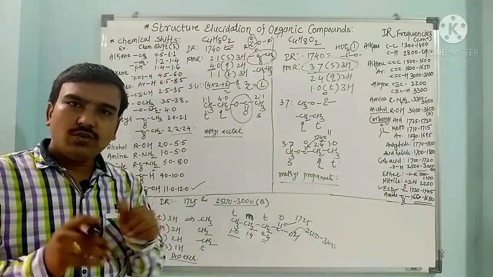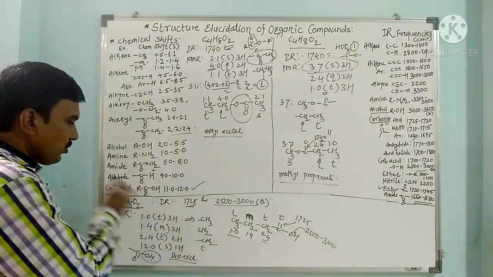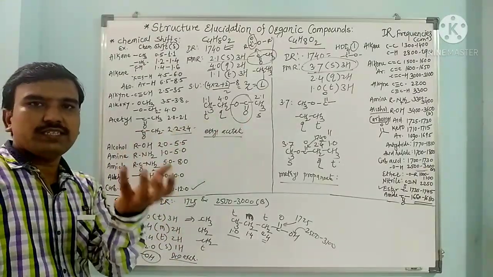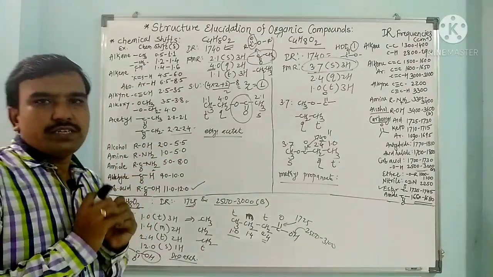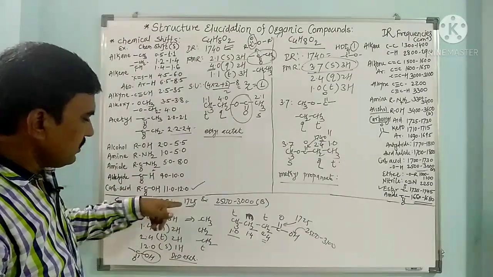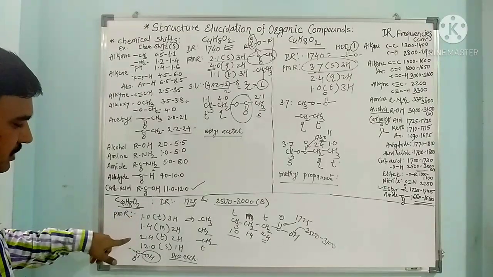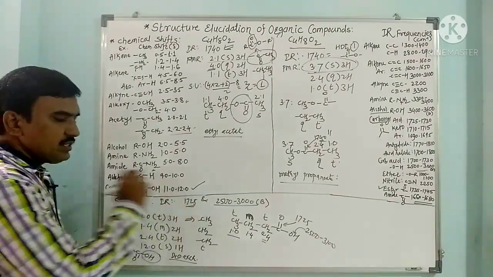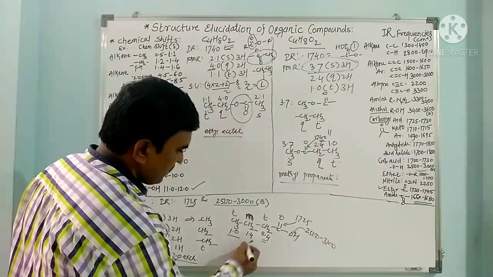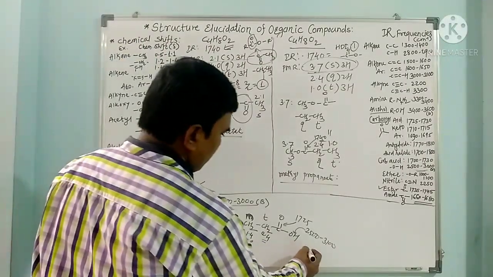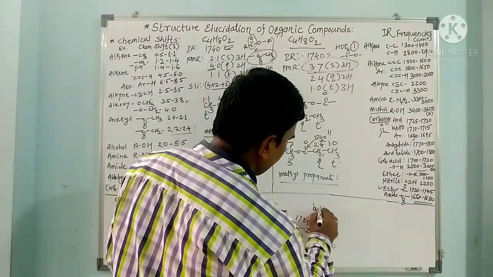This is one way, or we can collect the different fragments, subtract them from the molecular formula, and insert the remaining part suitably between the groups on the basis of IR stretching frequency or chemical shift. So chemical shifts are very important along with IR stretching frequencies. Here we have carboxylic acid, 1 2 3 4, so it is butanoic acid.